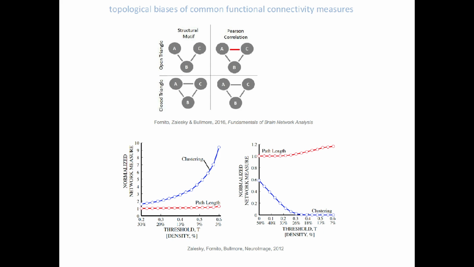So you can check those out, but this is just to point out that the actual way in which you measure functional connectivity can introduce biases. And so if you're going to use correlation networks, sometimes you need to think about the specific null models that you're going to use as benchmarks to make sure that whatever you're finding is not driven by simply the fact that you've chosen to use a correlation coefficient.